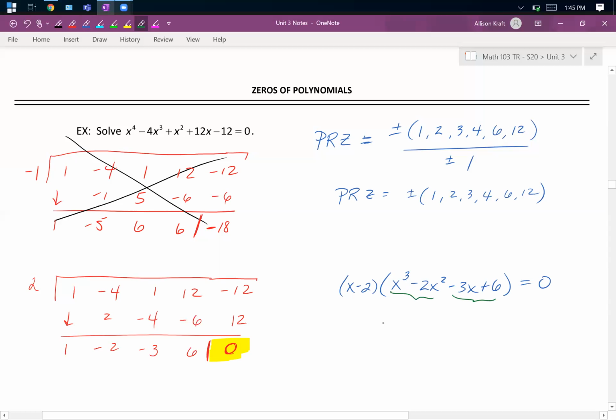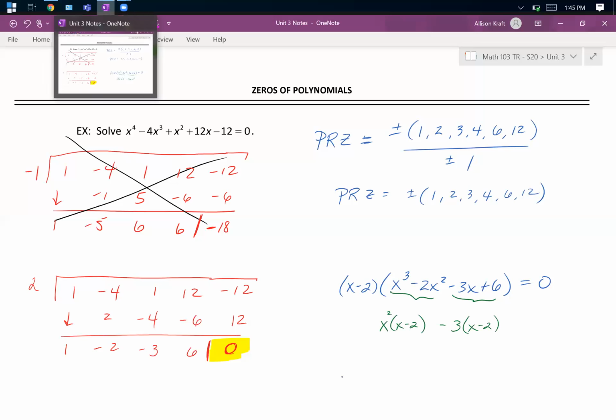And you'll notice this time that when we do factor by grouping, it works. This factors into x minus 2, and then x minus 2 times x squared minus 3 equal to 0.